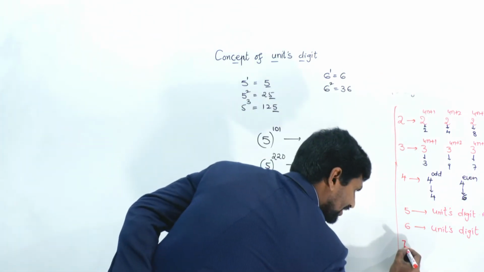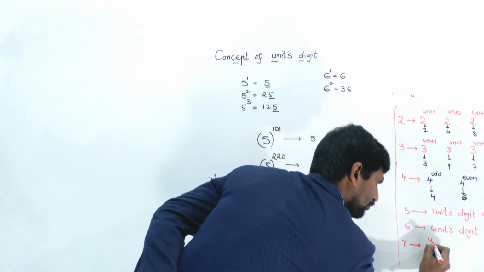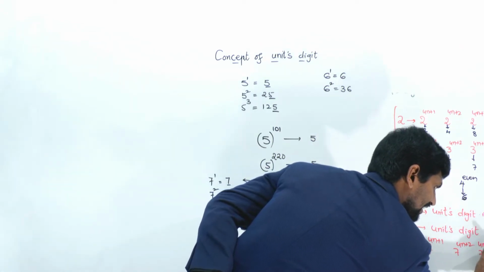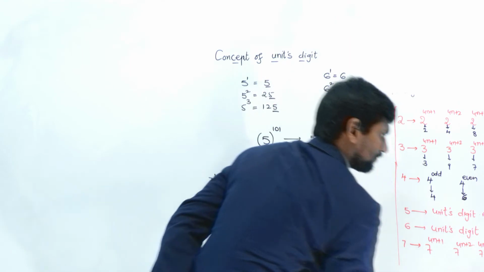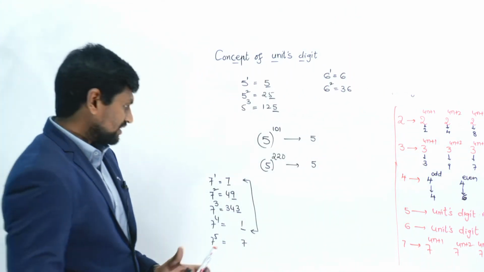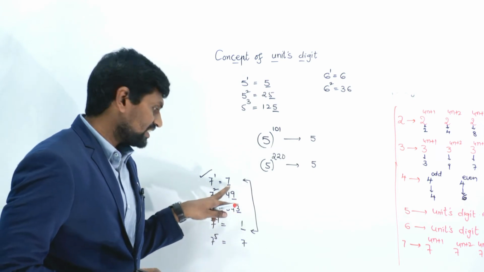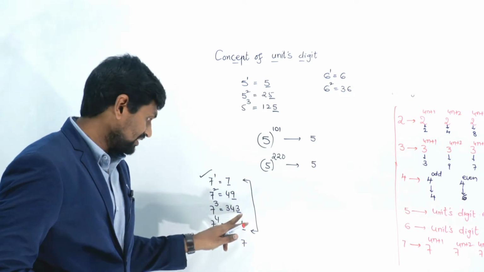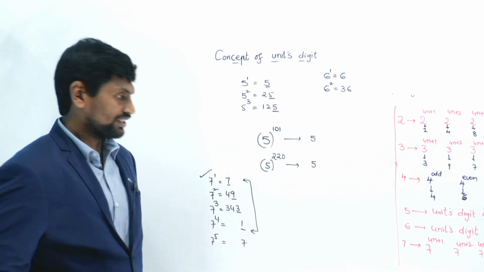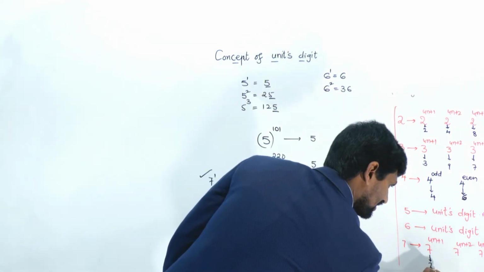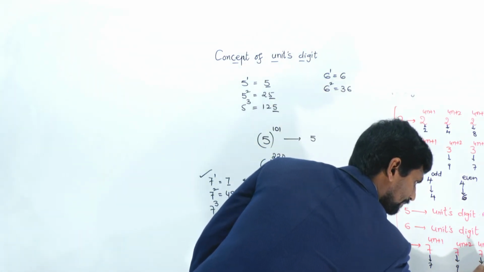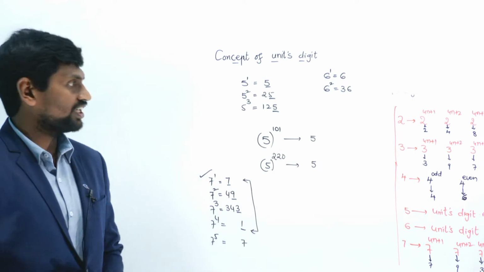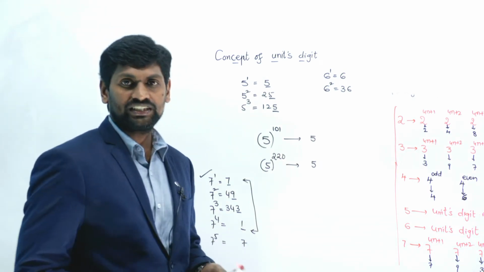So just tell me, how will 7 come? 4n plus 1 ends with the digit 7. 4n plus 2 ends with 9. 4n plus 3 ends with 3. 4n plus 4 ends with 1. So this is for 7: 7, 9, 3 and 1. Okay now? Concept of units digit.